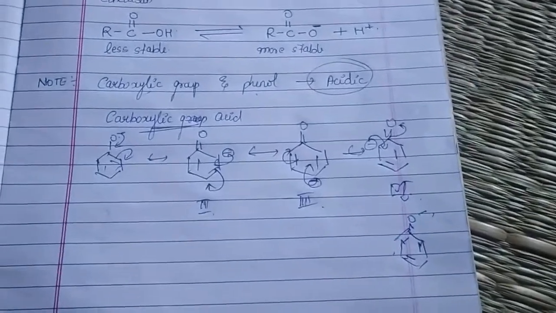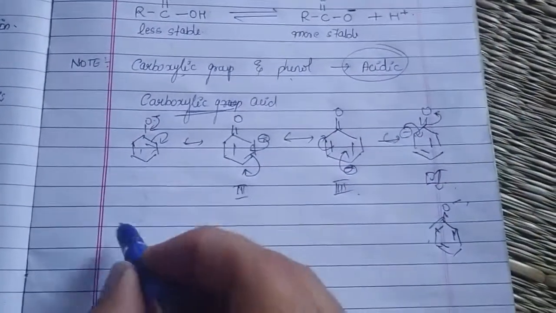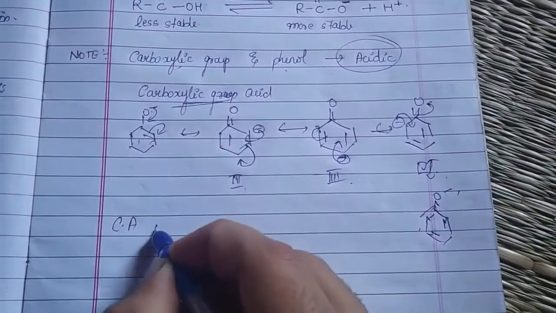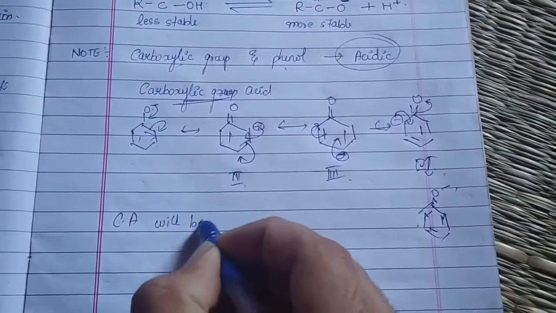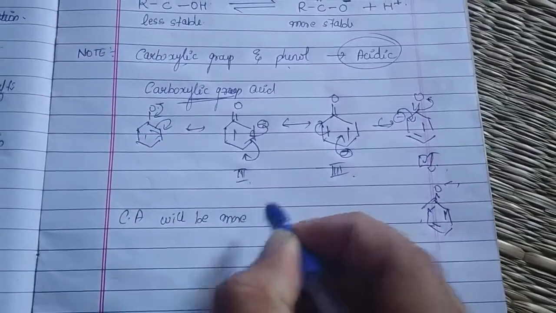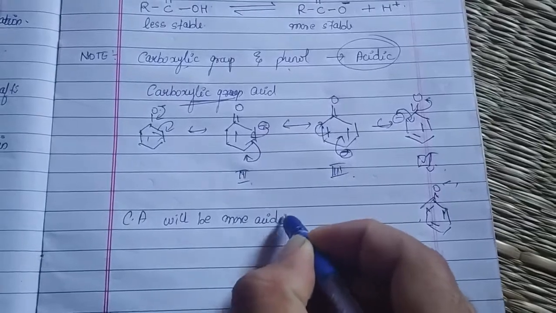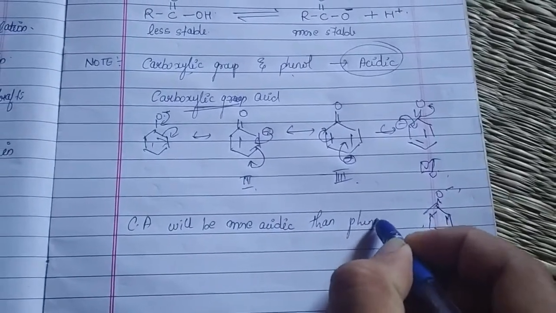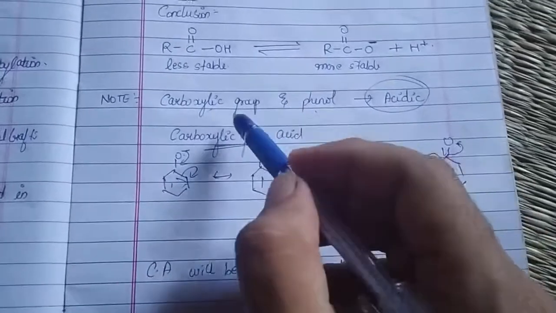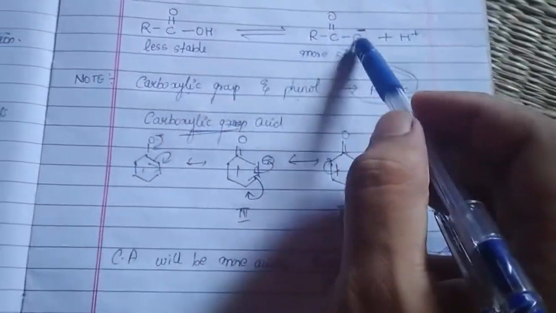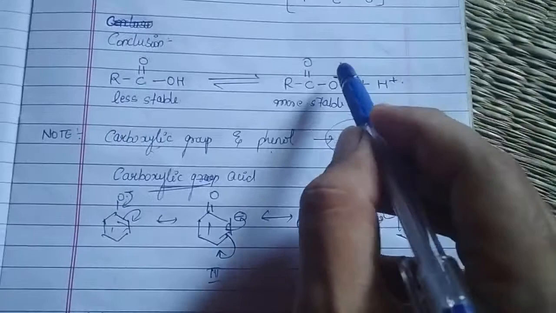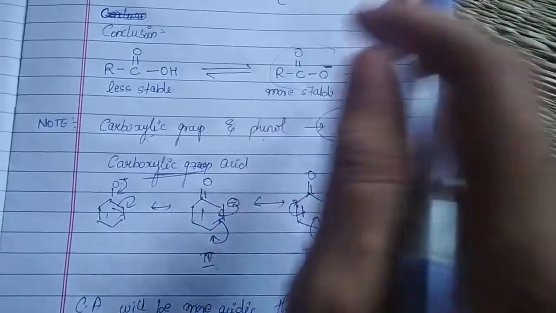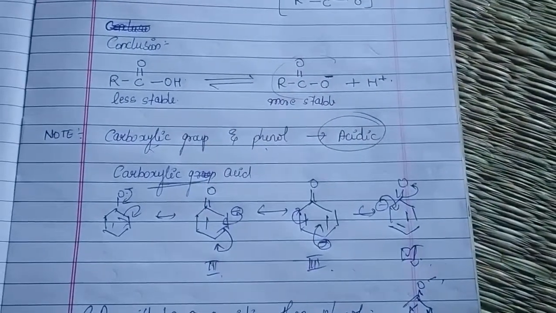Keep this one in your mind, okay? One important note. Carboxylic acid will be more acidic than your phenol. The only reason is because in your carboxylic group, when it gets converted to the carboxylate anion, overall this resonance structure will be contributing to its resonance hybrid.